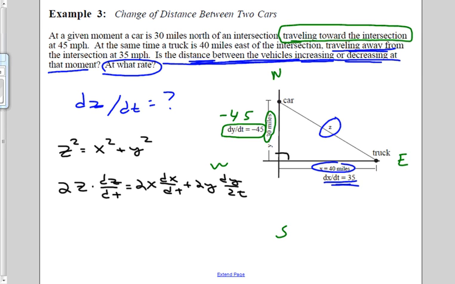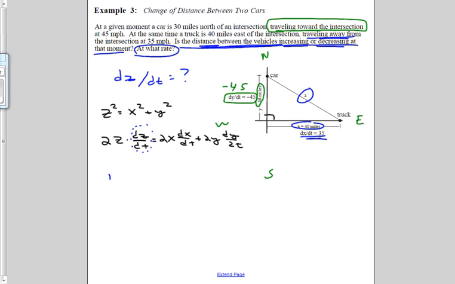Remember, what I'm looking for is how my distance z is changing. So if we solve for dz/dt, all the 2's are going to go away. So dz/dt equals x dx/dt plus y dy/dt all over z.